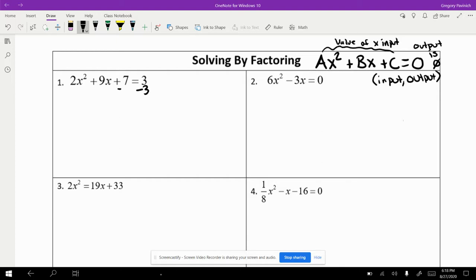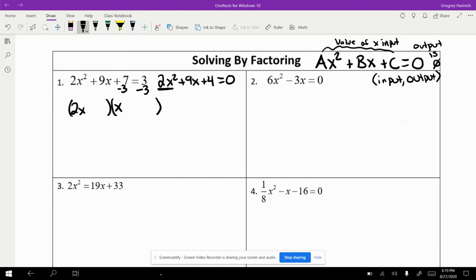So I'm going to subtract 3 over, and I get 2x squared plus 9x plus 4 is equal to 0. So now my output is equal to 0. I'm ready to factor. Before I factor, I want to make sure there's no GCF. There isn't. So what I'm going to do is factor. This isn't one of the easier ones because I got a 2x squared, but we're going to handle this one. It's not too bad.